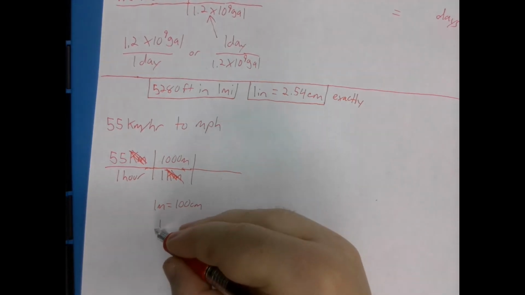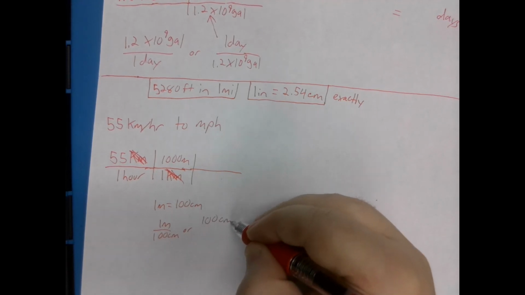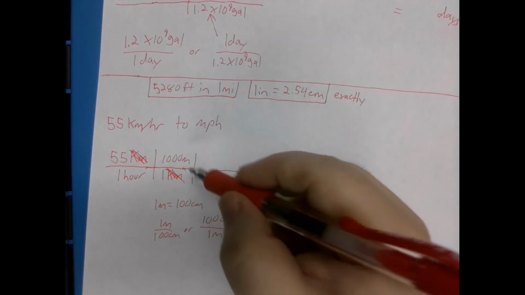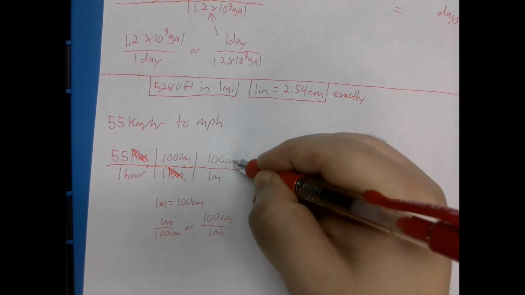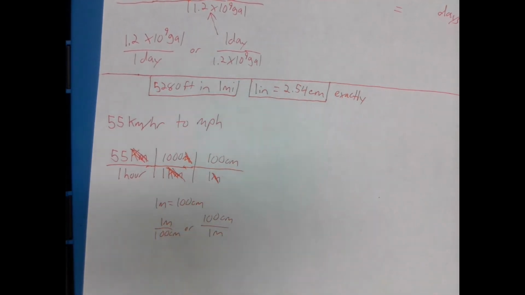To cancel out meters, I put 1 meter on the bottom and 100 centimeters on top. I am now in centimeters per hour.